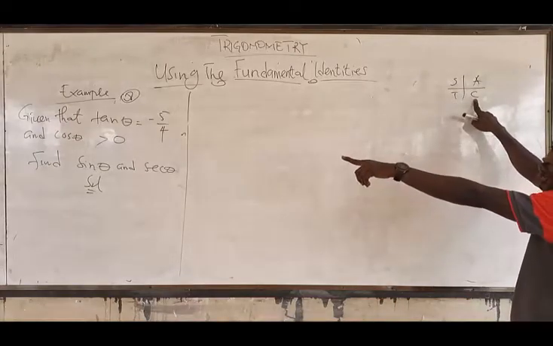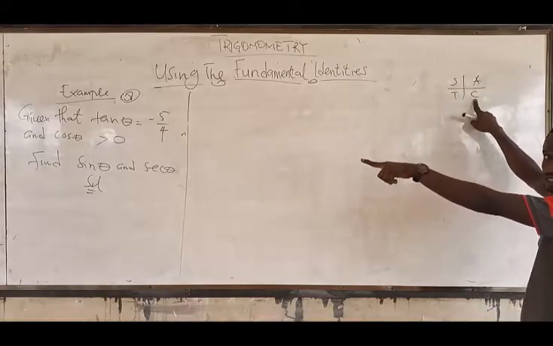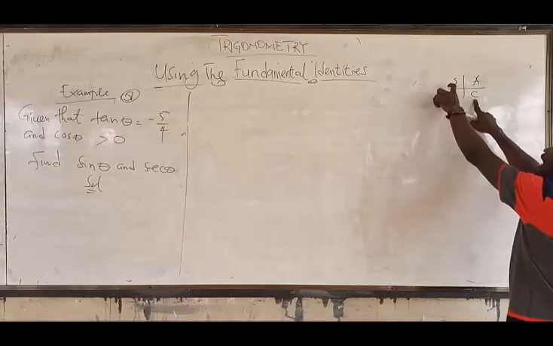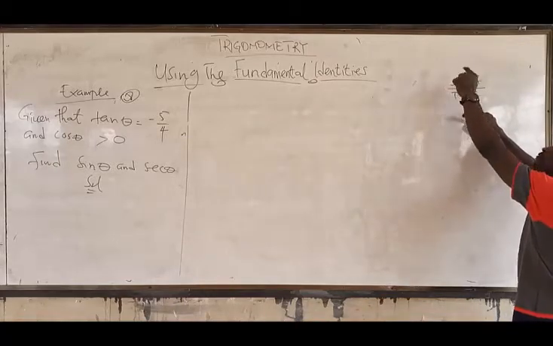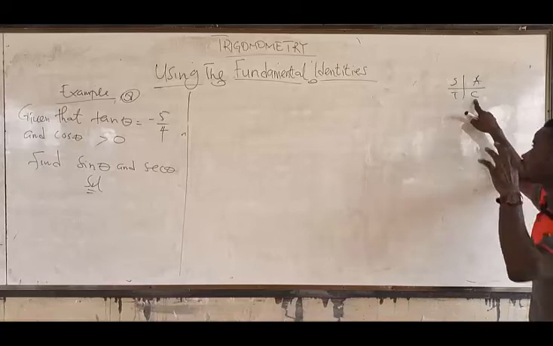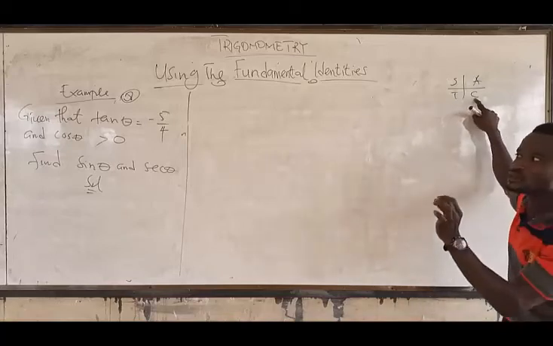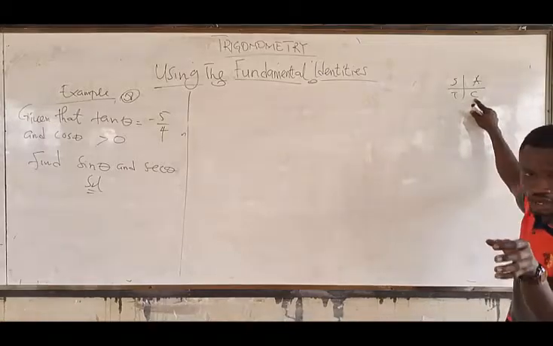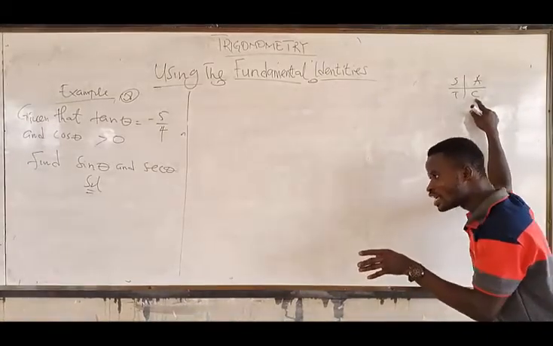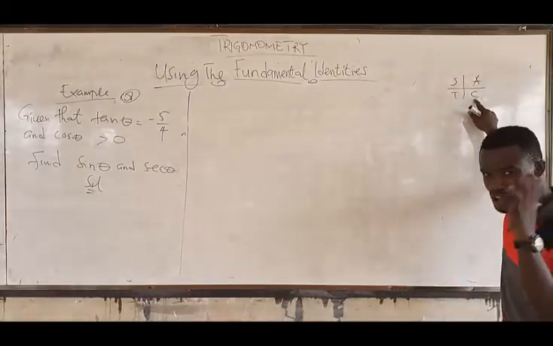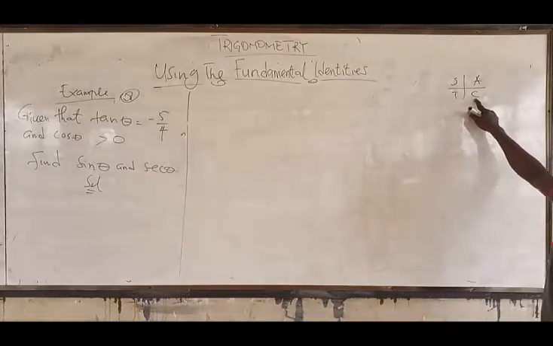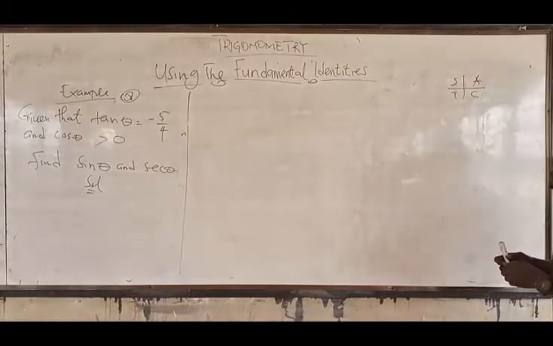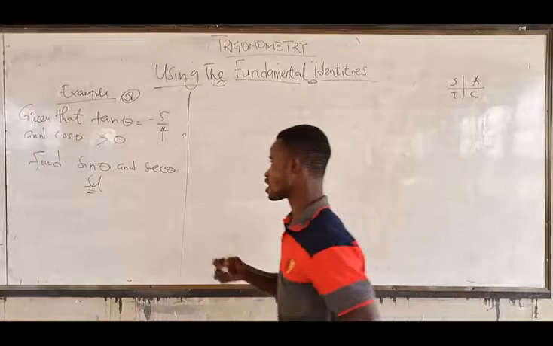But cos is positive because it is greater than 0, and cos here is negative, so it fails to be in the second quadrant. So the quadrant where tan is negative and cos is positive, which satisfies completely, is quadrant 4.